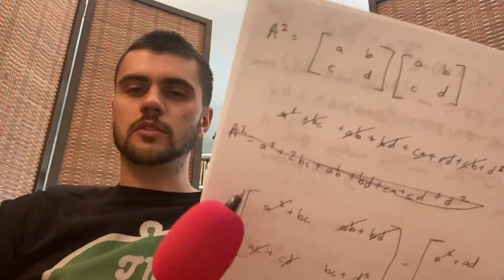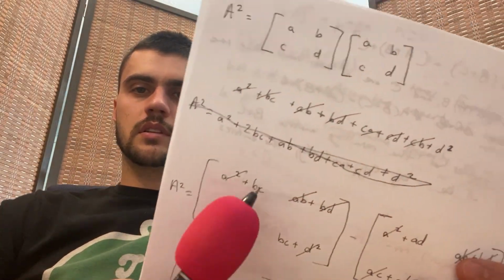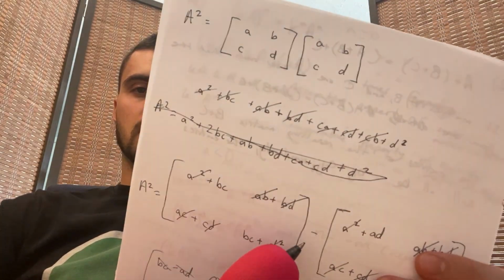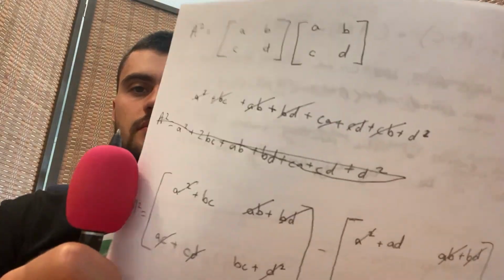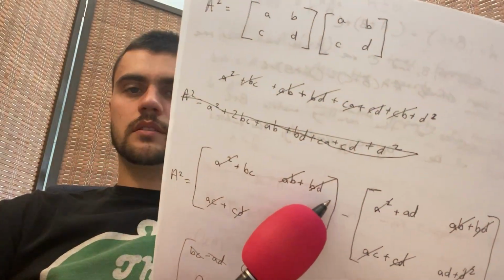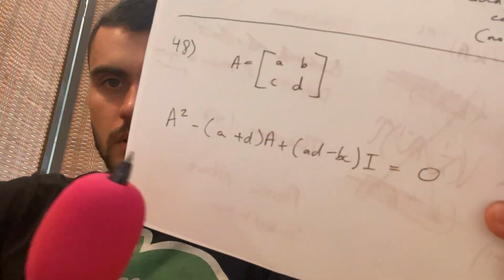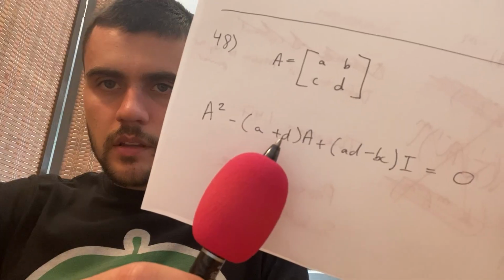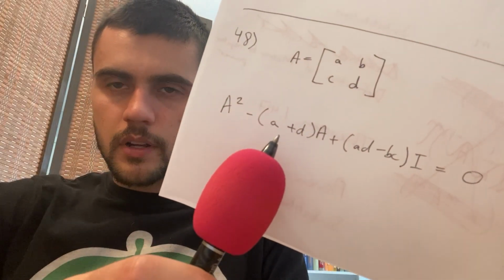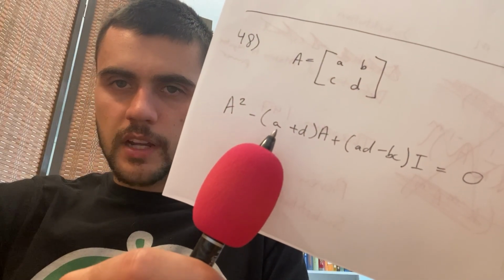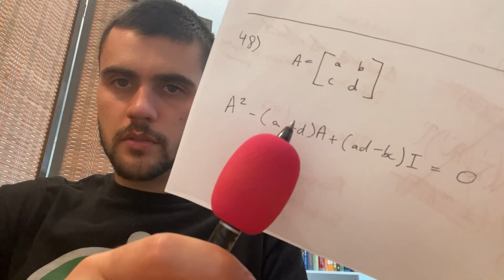So A squared, that's simple, just take the two of them and multiply them together. This is this, and then we're going to subtract that. This is essentially a scalar, so you're just going to put that in, multiply it by every entry of A, and then you can distribute.